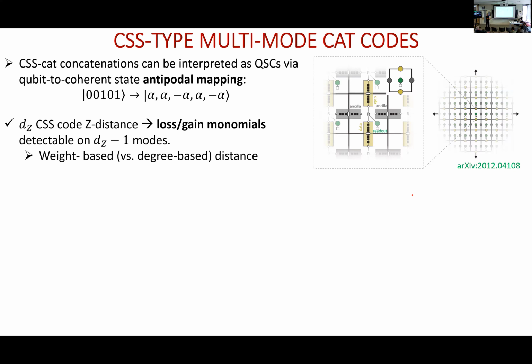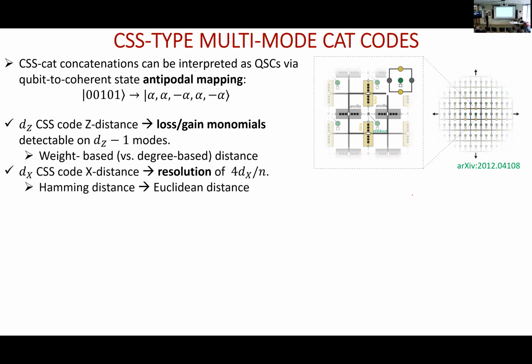It comes with these two distances, and these two distances via this antipodal mapping translate to a resolution and a number that quantifies which monomials are correctable by the multimode cat code. So the Z distance gives you how many monomials in the loss and gain operators you can detect.